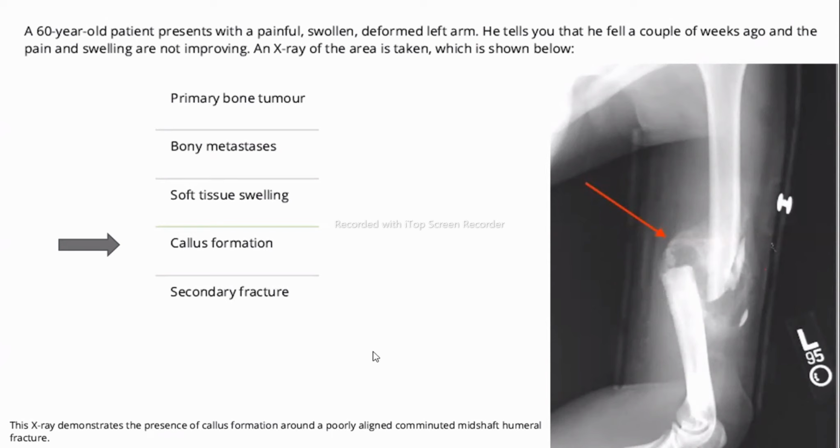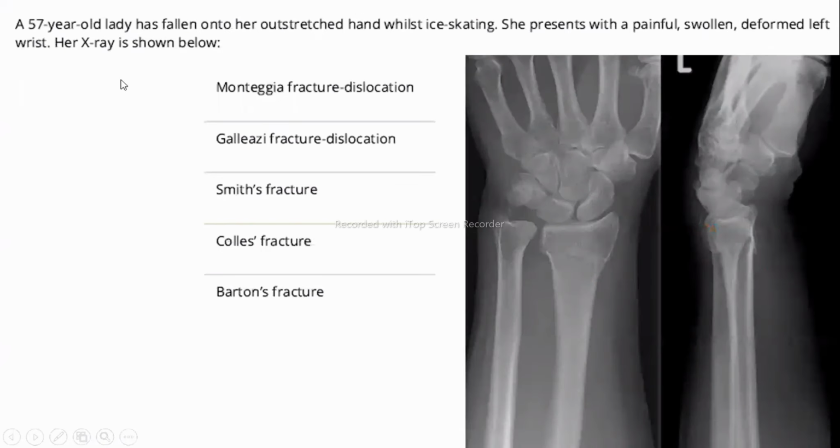A 57-year-old lady fell on an outstretched hand while ice skating, with a painful, swollen, deformed left wrist. X-ray shown below. What do you think? You will depend on the lateral view.